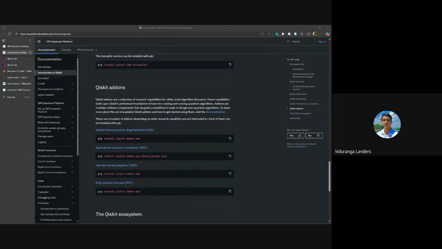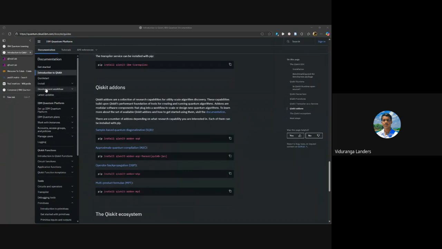If you are not familiar with documentation, it's an essential part of computer science, even in classical computing, right? Whatever technology you are using, you should be familiar with its documentation and how to go through a technical document.